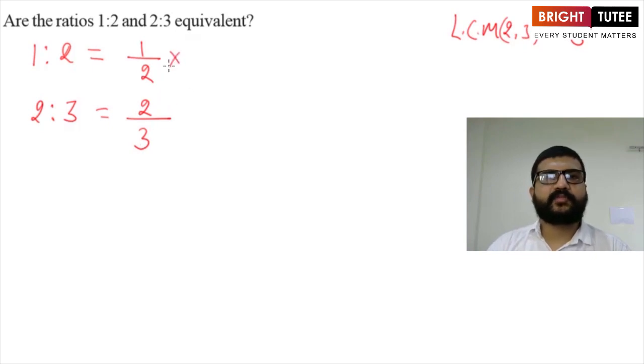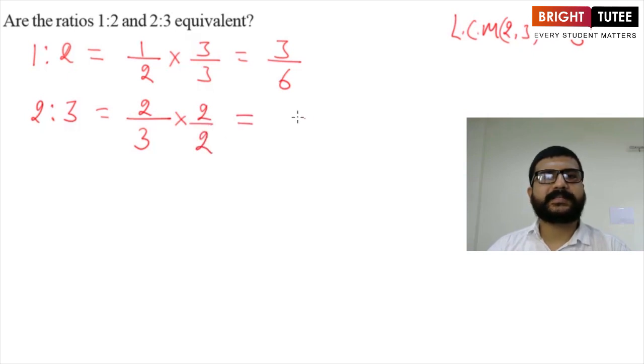So for that we have to multiply 1 upon 2 with 3 upon 3. So now this gives us 3 upon 6 and we have to multiply 2 upon 3 with 2 upon 2. Now this gives us 4 upon 6. Now we can compare these two fractions, 3 upon 6 and 4 upon 6. Are they equal? No, they are not equal.